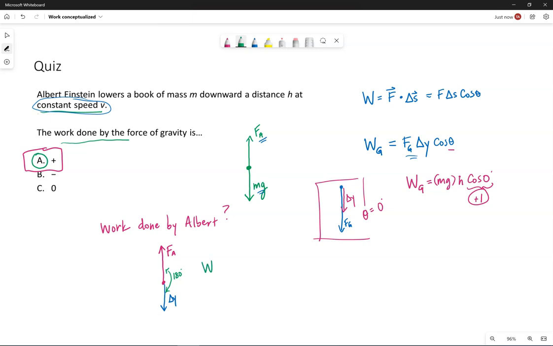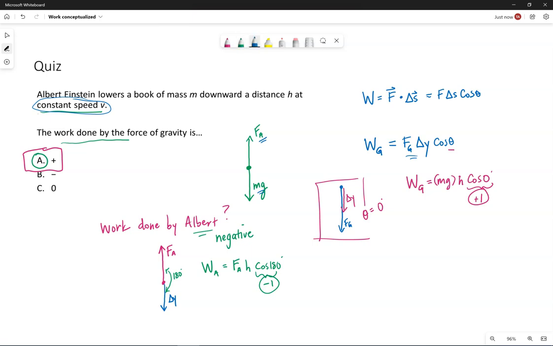So the work done by our friend Albert would be the force he is applying times that distance moved, the vertical distance h, times the cosine of 180. This is where we get a negative 1. So Albert is doing negative work.